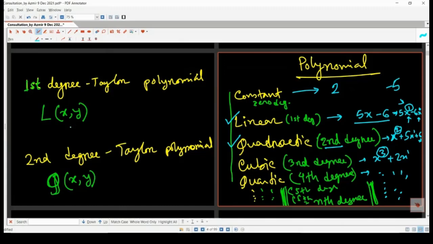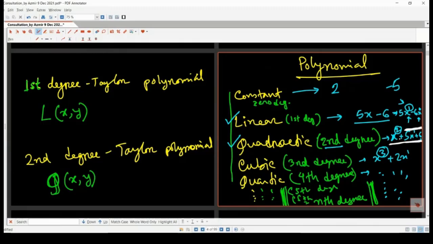So have a look here at the example of quadratic, x squared plus 5x plus 6. You can see that inside this polynomial, there is a term 5x plus 6.